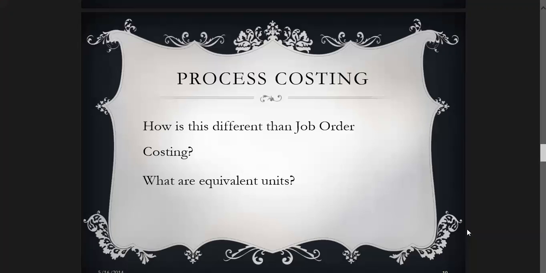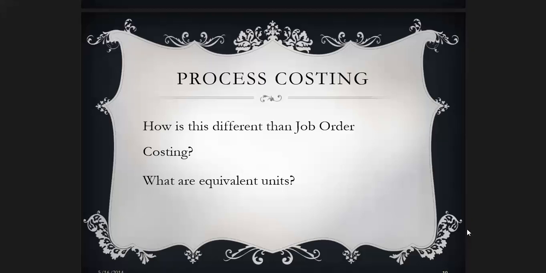In this video exercise, we are going to talk about the difference between job order costing and process costing and identify what are equivalent units and how we calculate them. Job order costing, which we covered in the previous chapter, is used for any company that produces unique jobs, things like custom homes.